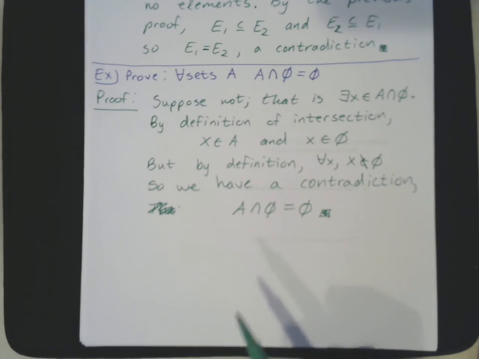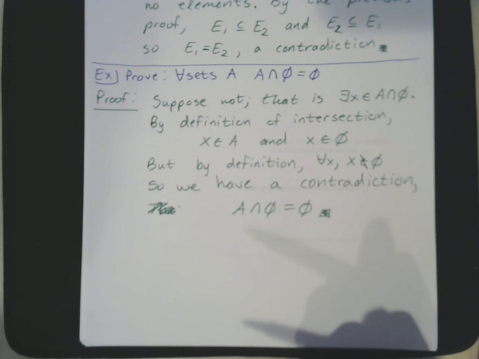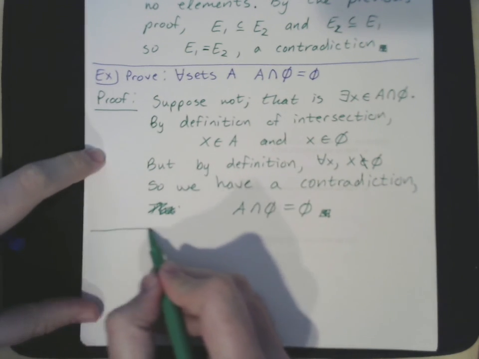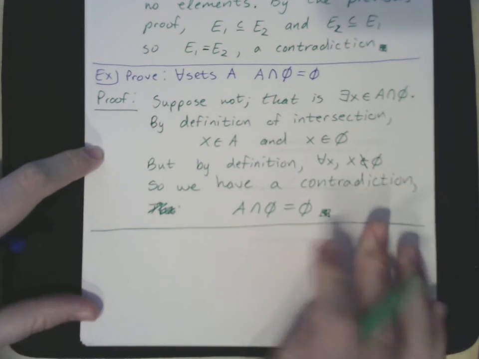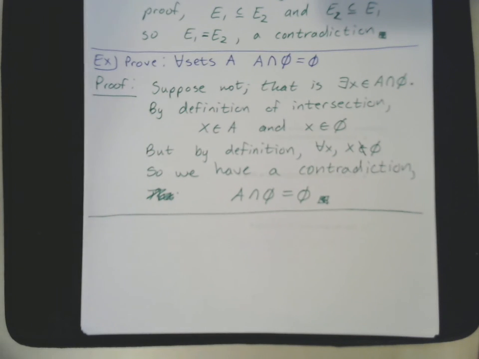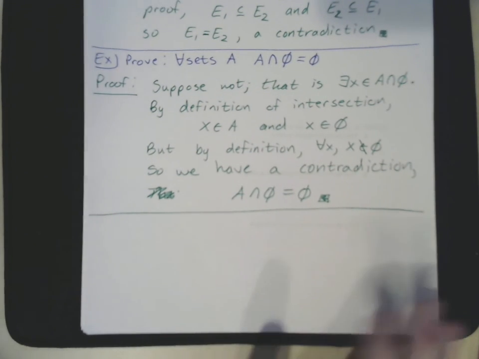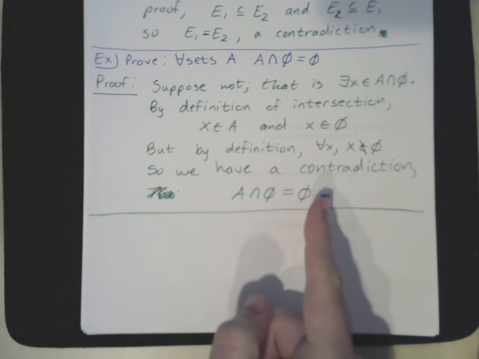So you can see from these last couple proofs that the empty set lends itself really well to contradiction proofs, because if you can show that something's in the empty set, you have a bona fide contradiction immediately. When you're proving set identities by contradiction, the contradiction you're most often going to come to is that either your element is in something and not in that same thing, so you're in A and you're not in A, or you have an element in the empty set.